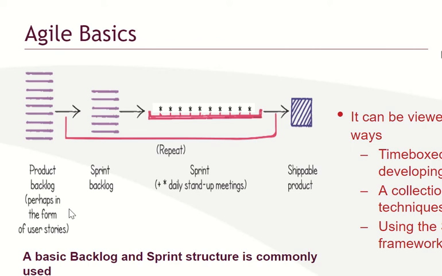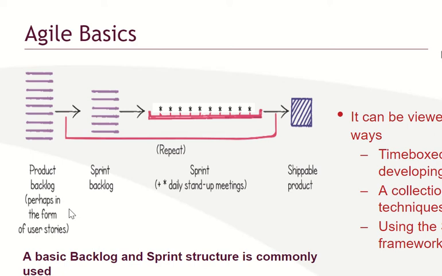In the case of a software, we expect that every 2 to 4 weeks, there should be a feature available, a new feature, a new addition, or a working software produced. That's a time box.